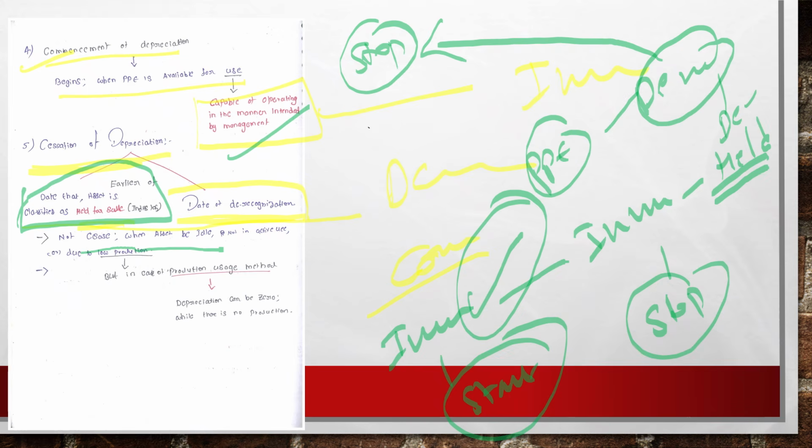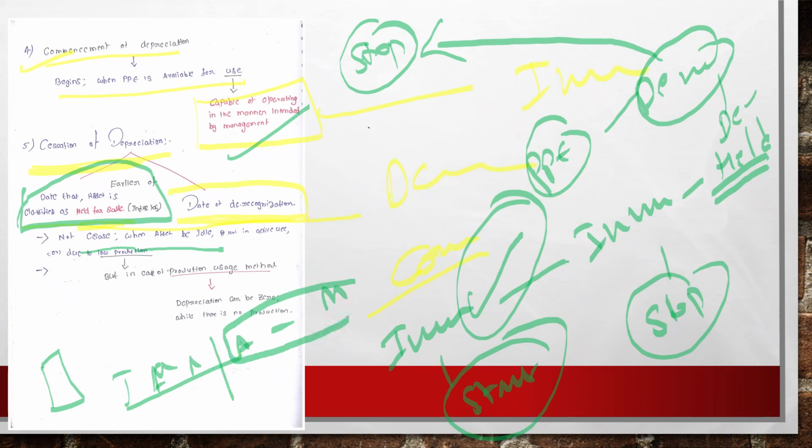Say suppose you have a production machine, and in January, February, March and June you have used it, and suddenly from April to the next March, in the next financial year, you didn't use that machine because of low demand.